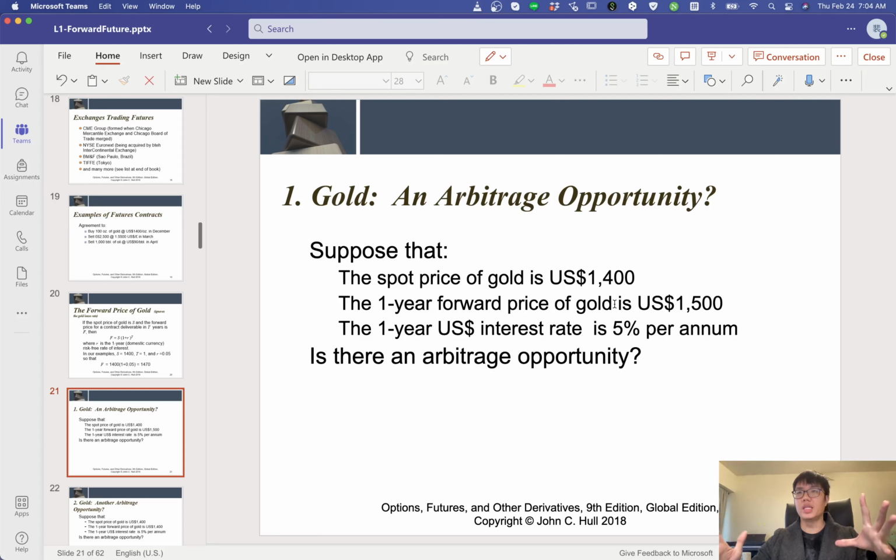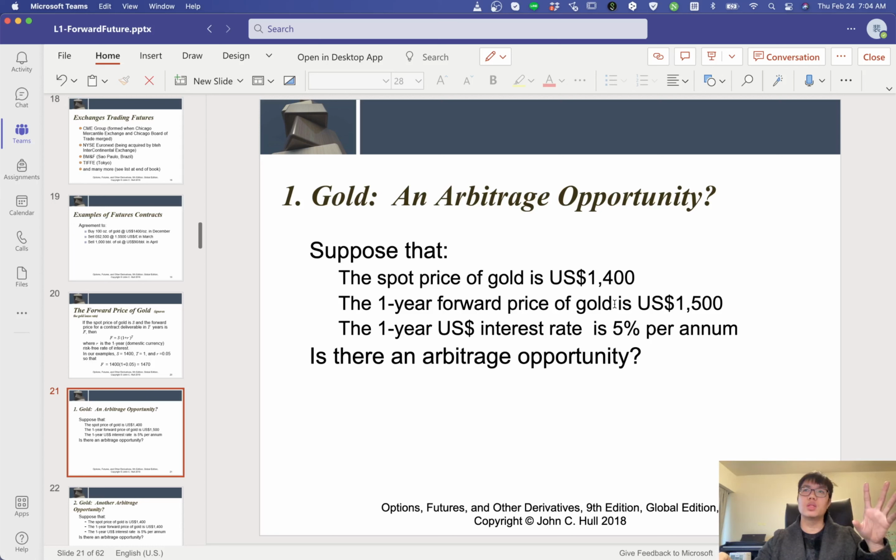So can you guess, is there anything in the market that is undervalued? What do we have in the market? We have the forward contract, and we have the gold at the spot price. So we can guess that maybe the gold is underpriced. So we can buy the gold and sell the forward contract.